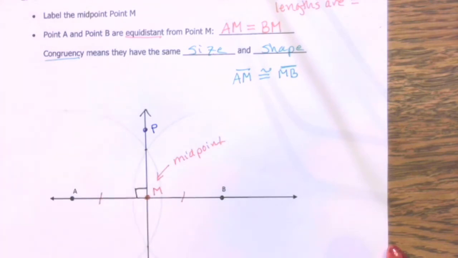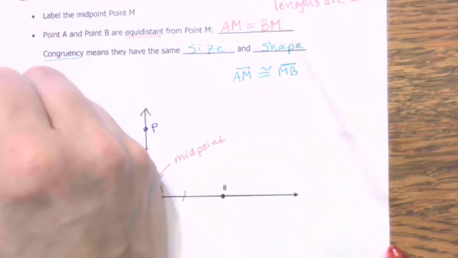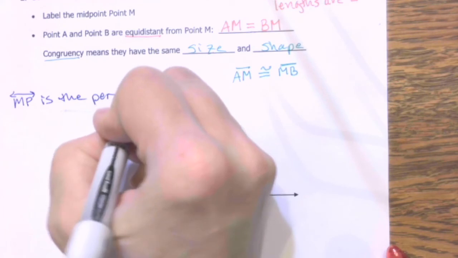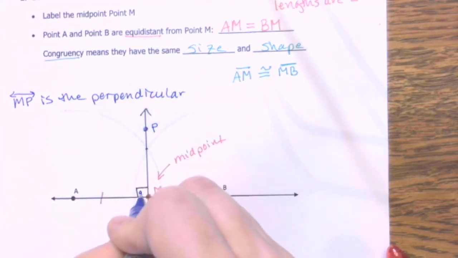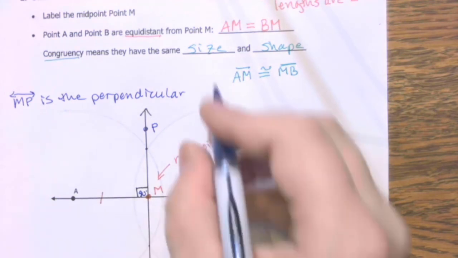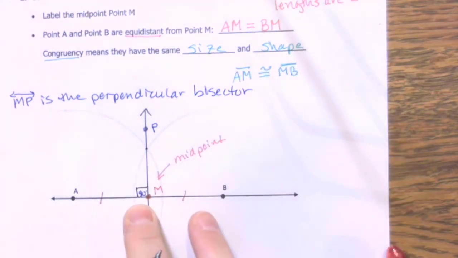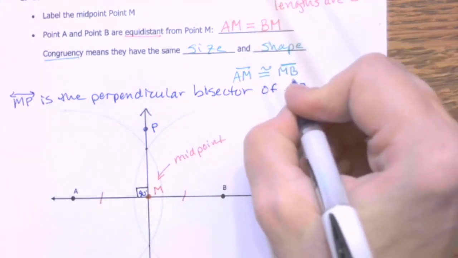So we have MP. We can say that line MP, put the line on there, is the perpendicular, that means 90 degrees because this is 90 in there, perpendicular bisector because it crosses the midpoint of segment AB.